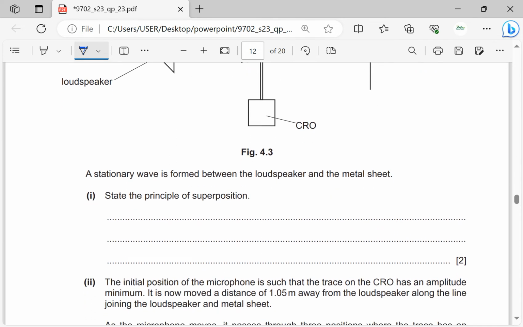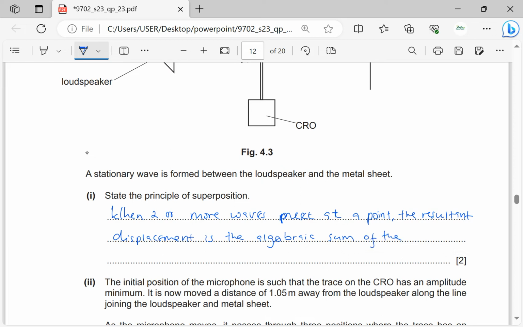So the principle of superposition: when two or more waves meet at a point, the resultant displacement is the algebraic sum of the individual displacements of the waves.